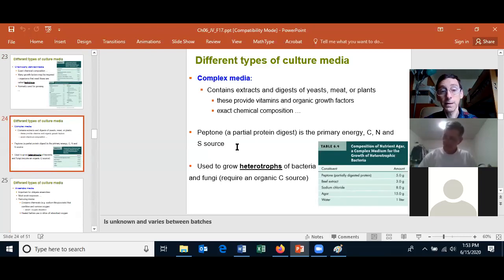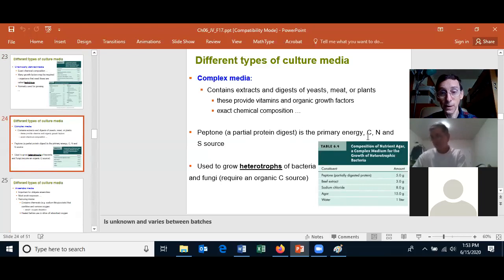These media contain extracts or digests of meats or plant protein, and they provide the nutrients, vitamins, and organic growth factors that are required for those organisms to live.